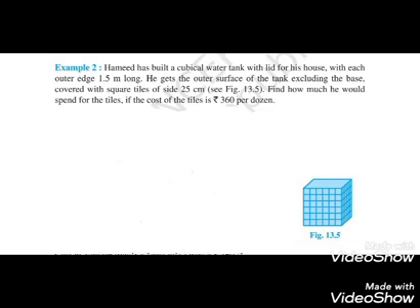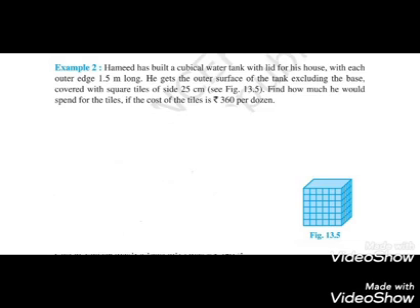Per dozen means 12 tiles for 360. We need to find the total cost. Here, as in the last question where we found the number of sheets, we need to find the number of tiles to fix. So we find the total surface area of the cubical tank without base divided by the area of a square tile.